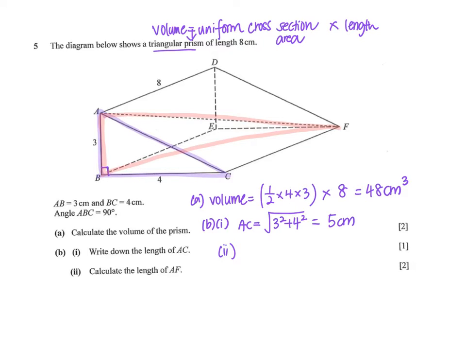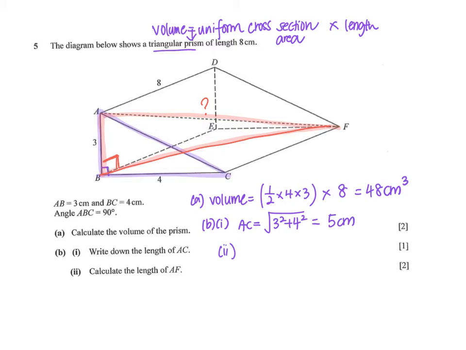I definitely have this angle here to be a 90-degree angle because AB is vertical and BF is on the ground, a plane. So we have a right angle triangle. In order for us to find the length AF, we probably need to find the length BF first.